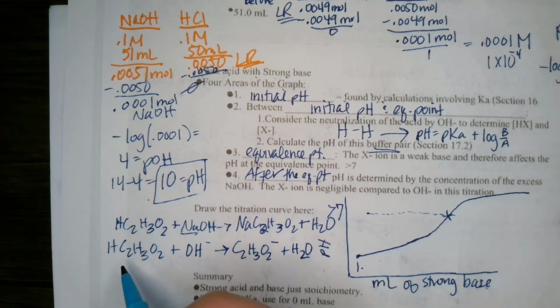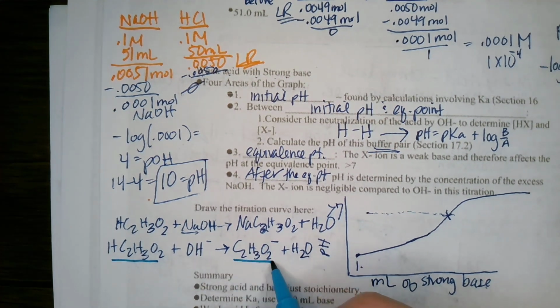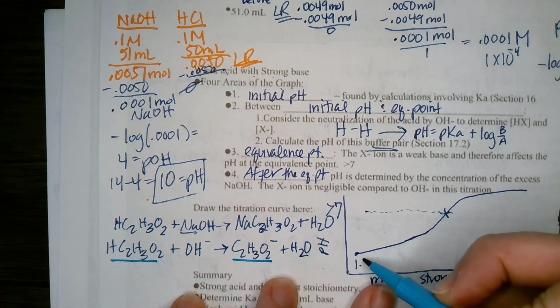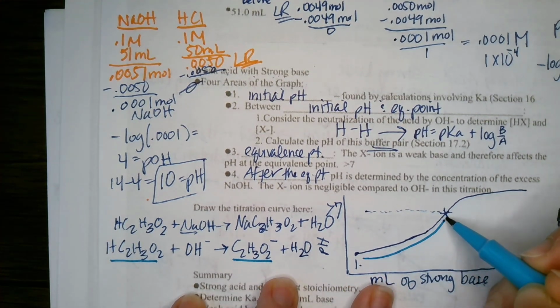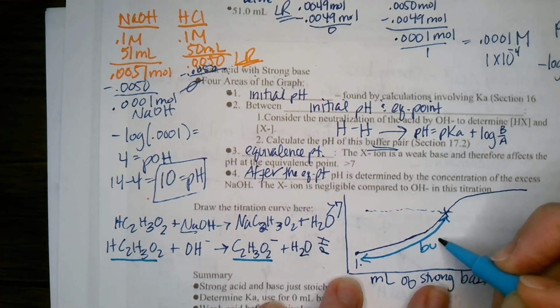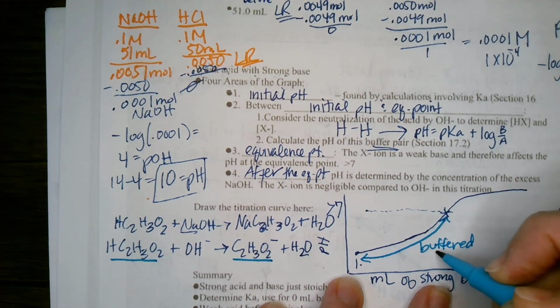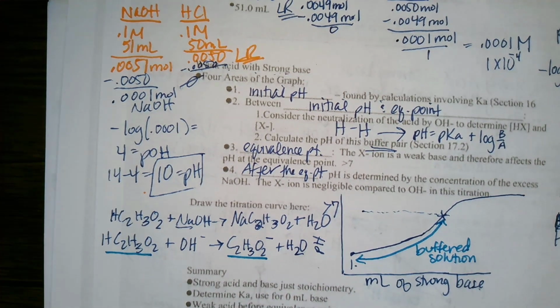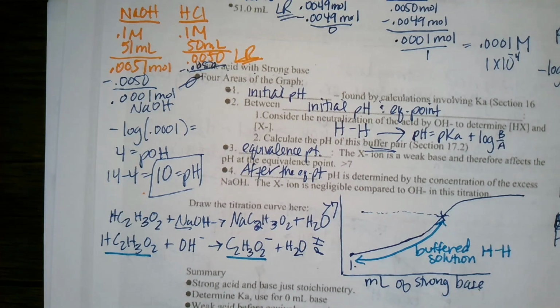Notice that the acid-base conjugate pair creates a buffered solution. And remember that between point 1 and our equivalence point, this is my buffered solution. So I'm going to use my Henderson-Hasselbalch equation to find out the pH.